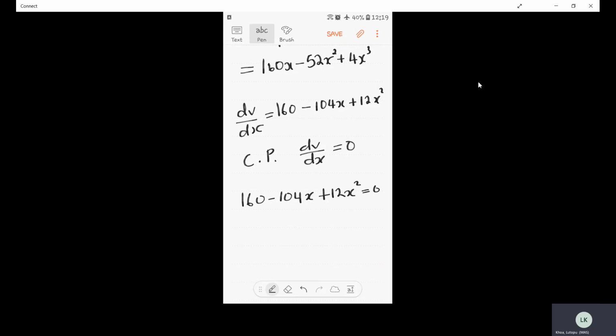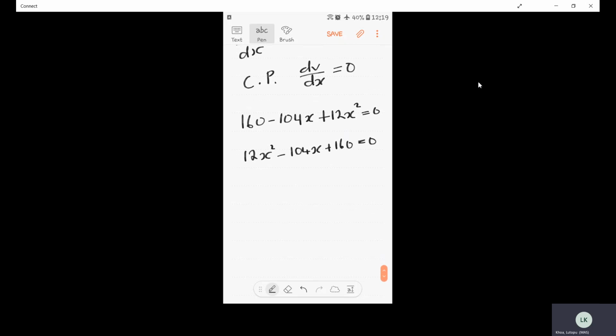So I can divide by 2 throughout. First, let me rewrite this. This is just 12x squared minus 104x plus 160. This is equal to 0. Okay, or I could just divide by 4. See, that is also a common factor. So divide everything by 4.